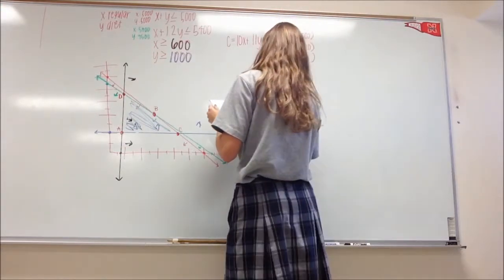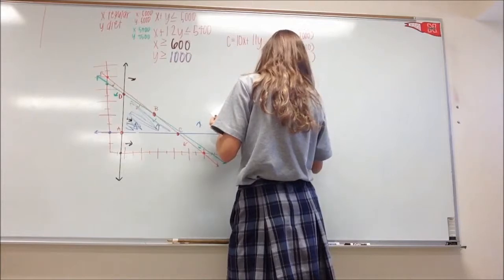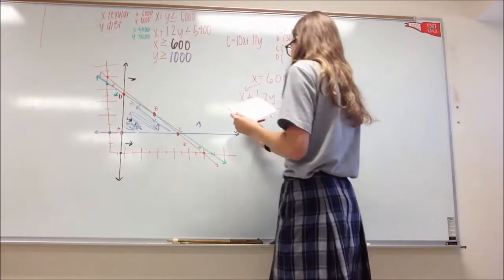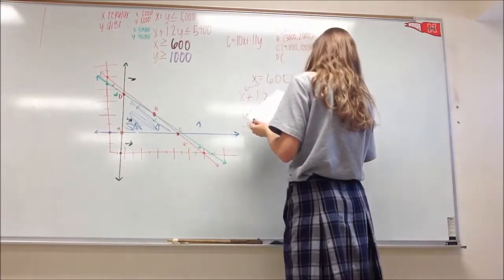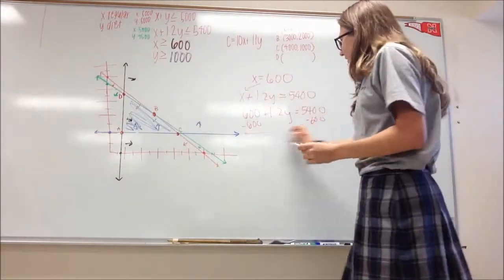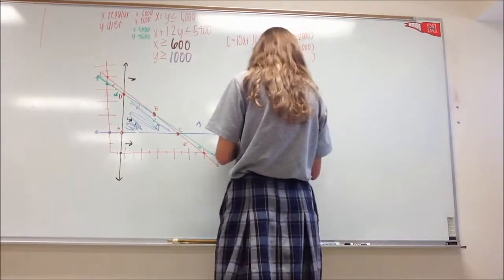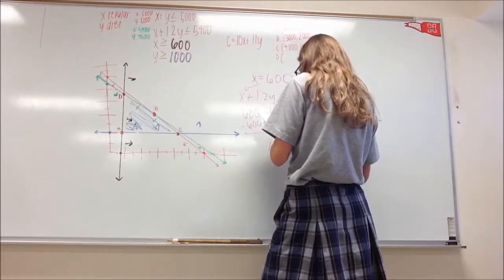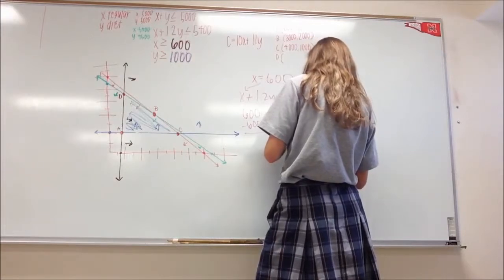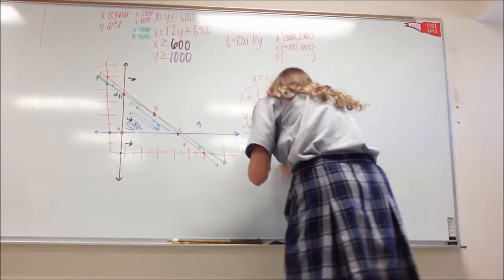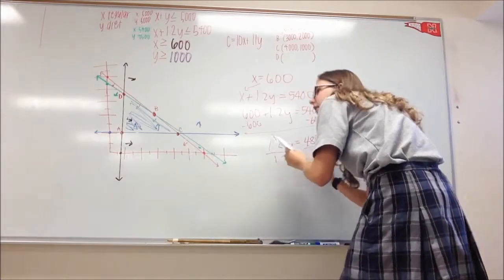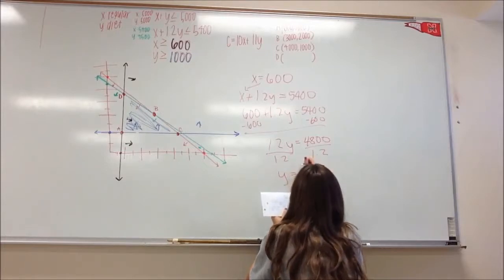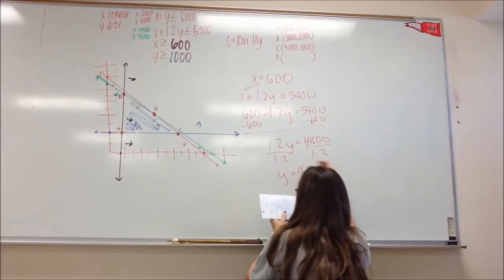So that gives you 600 plus 1.2y equals 5,400, and then you subtract the 600. You get 1.2y equals 4,800. And then divide by 1.2, and that gives you 4,000 as your y.